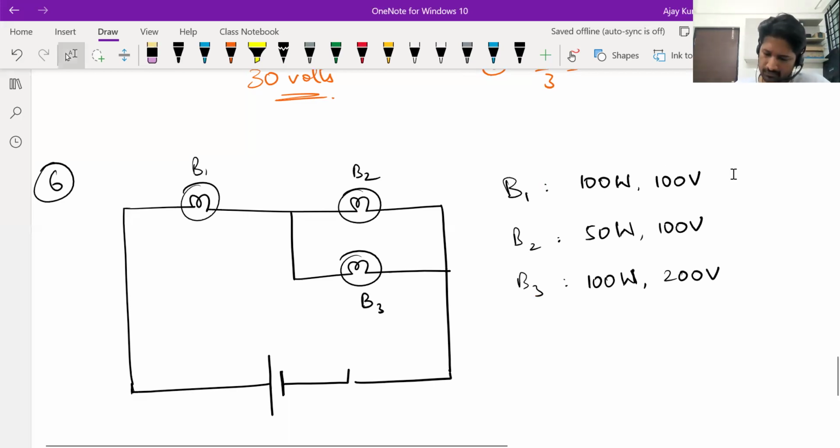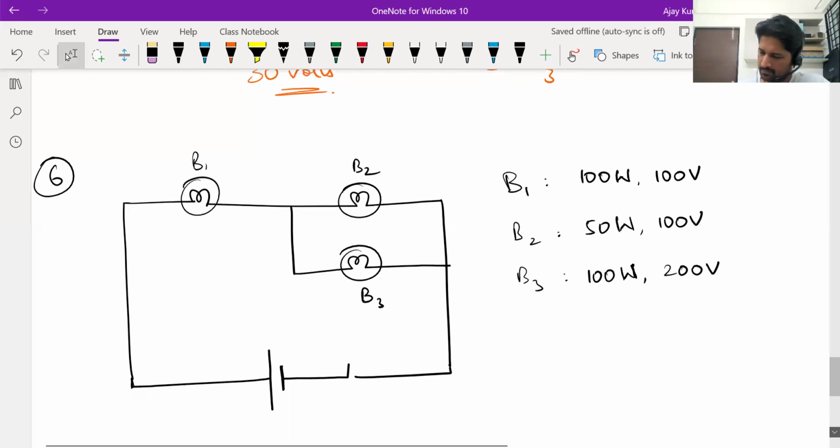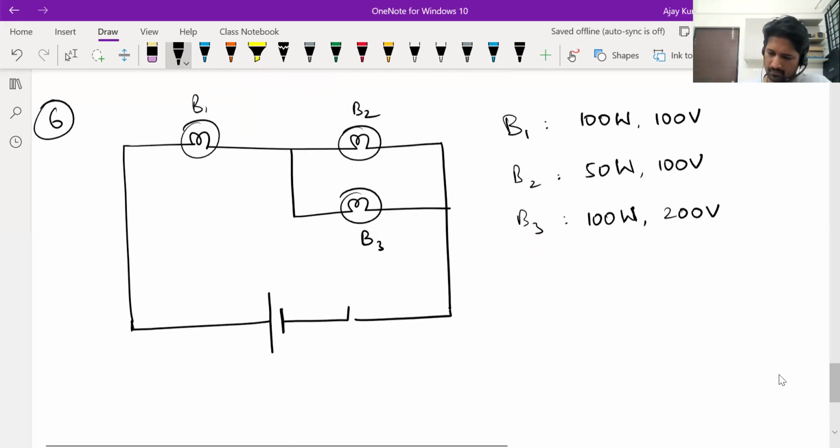Okay. Let's say the supply voltage is 300.